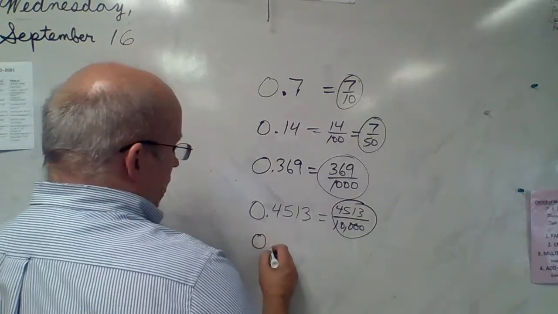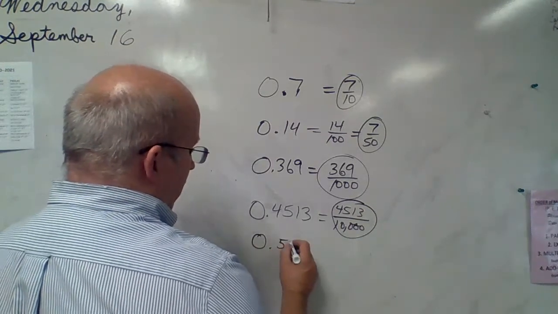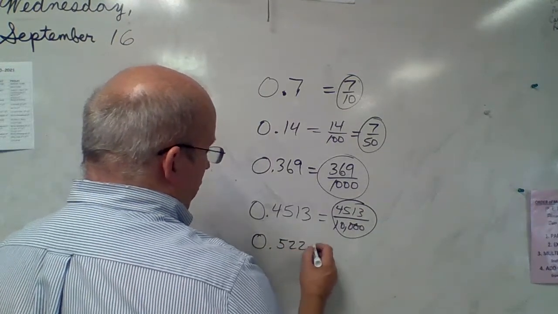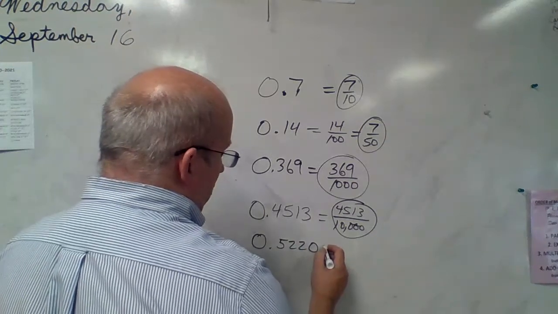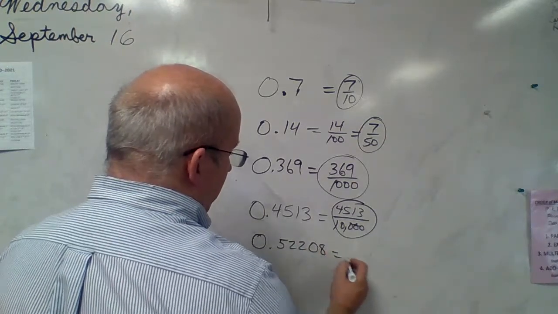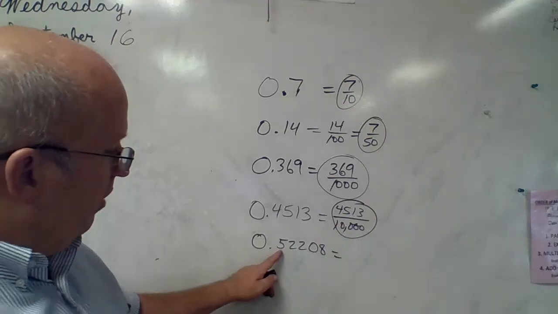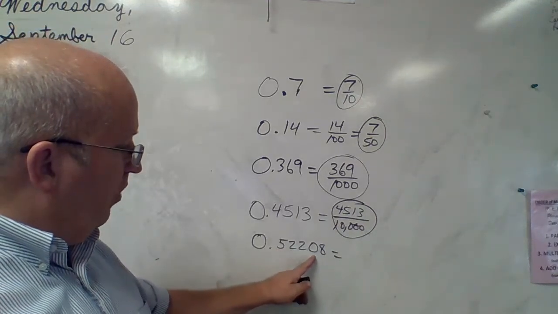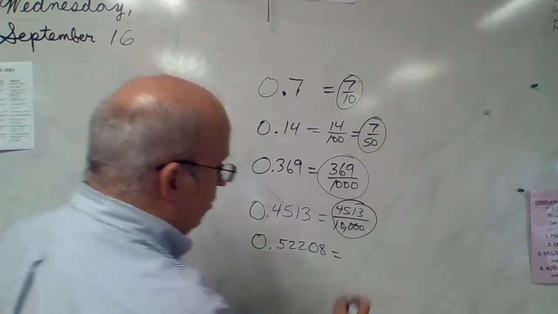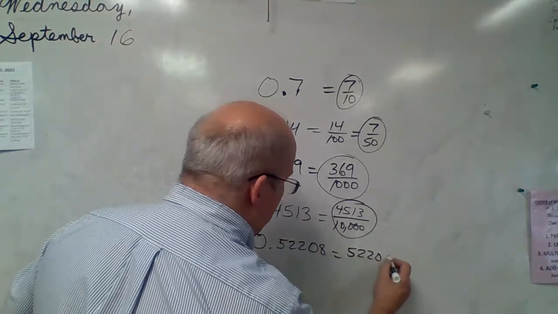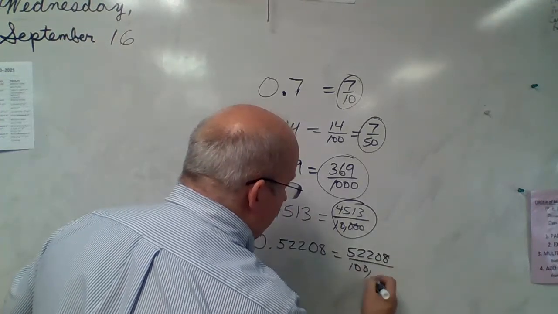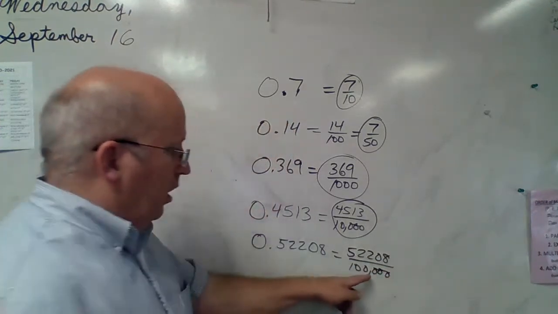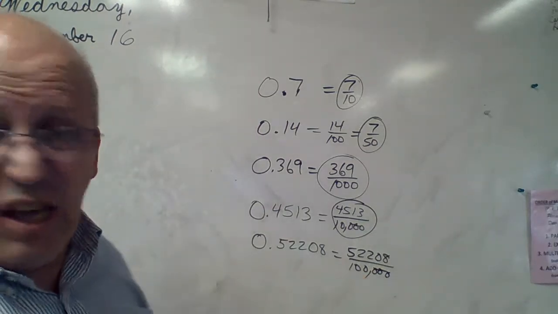How about this one? 0.52 20. I'm occupying the tenths, hundredths, thousandths, ten-thousandths, and hundred-thousandths place value. So I write it like this, over 100,000. Can I simplify that? Yeah, I can.